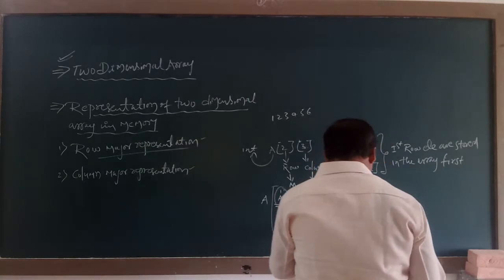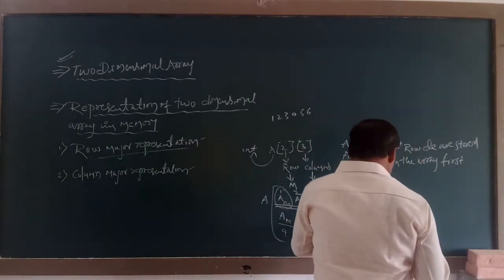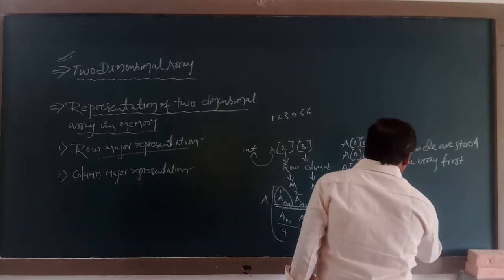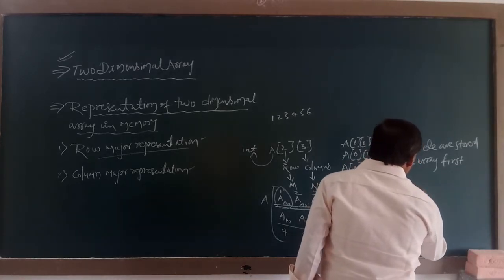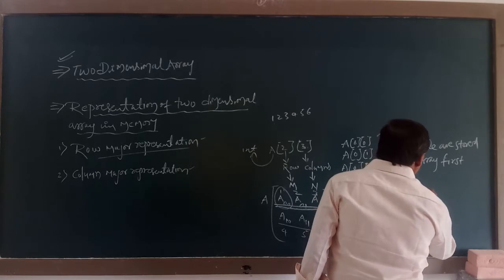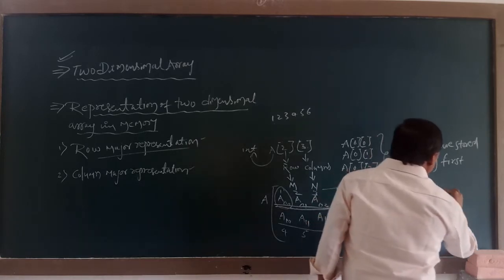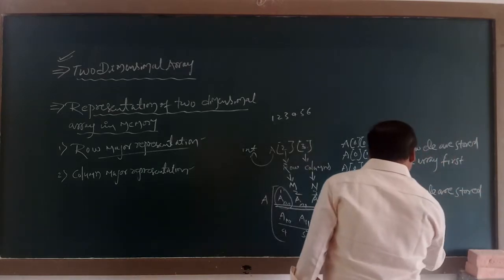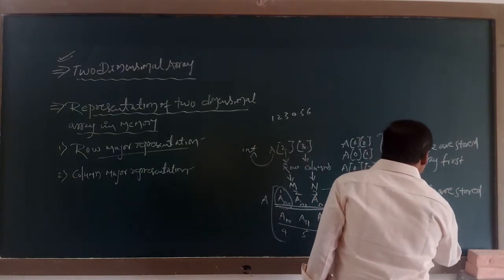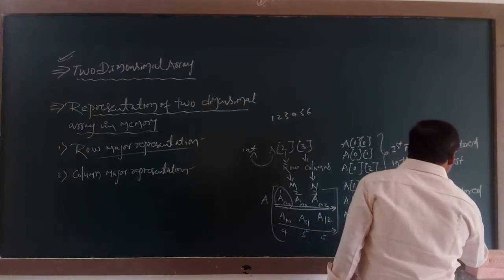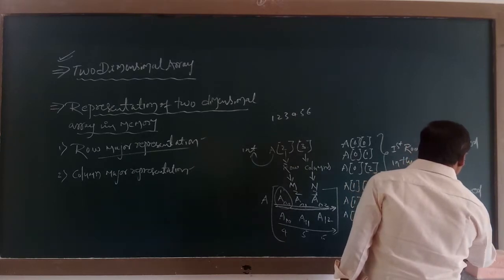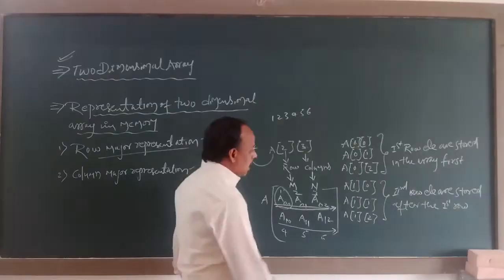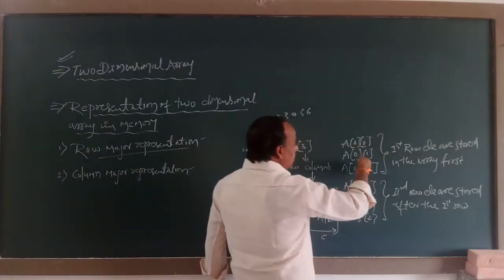Second row elements are stored in the array after the first row, right?